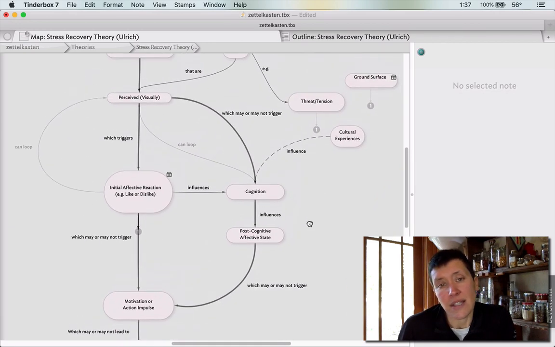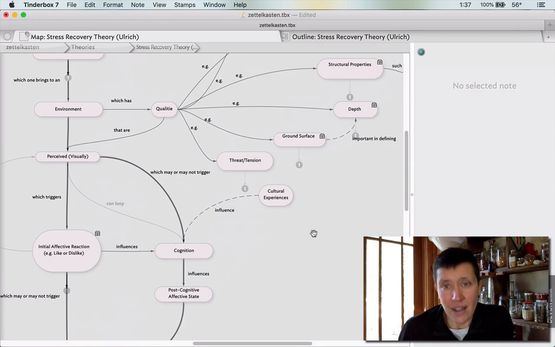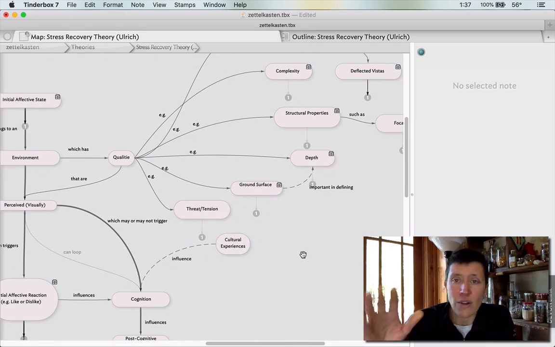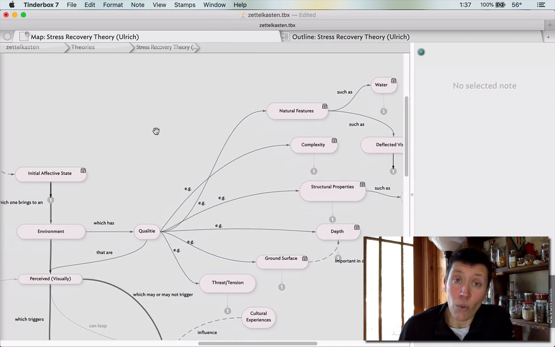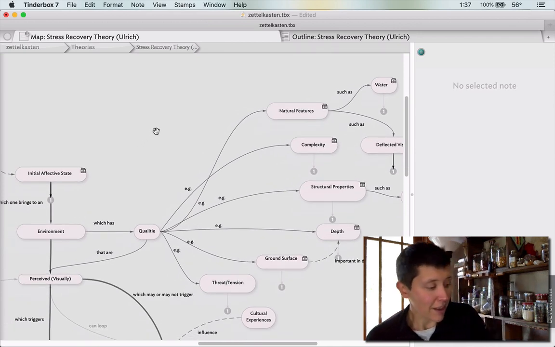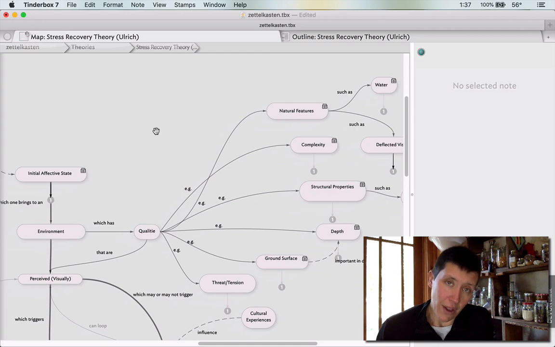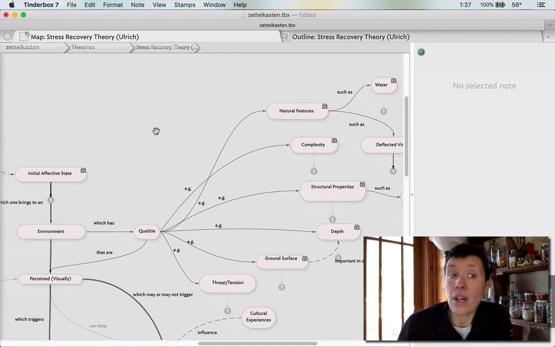So this is the model there, and just like with my other model, I have all sorts of zettels that have been created, which were basically triggered by the notes I took in my notebook while I was reading on my iPad.